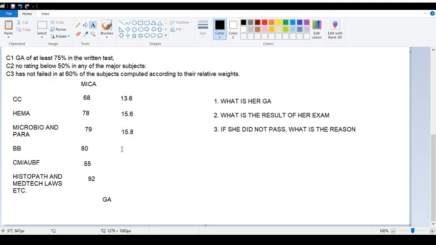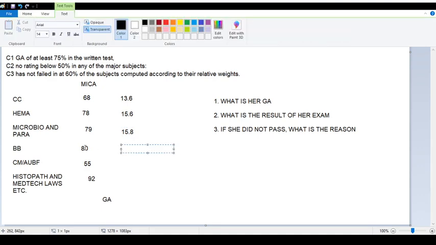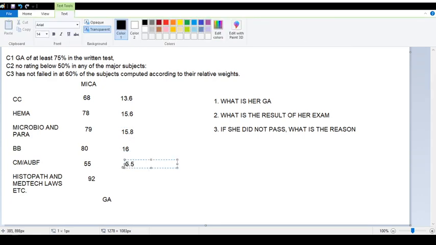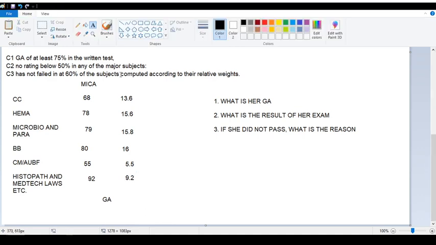Okay, so BB, that is just 8 times 2, so that is 16 or 80 times 0.2. So this is just 10%, so 5.5 kasi cm. And these two PatMedTech laws and others, that is just 9.2.